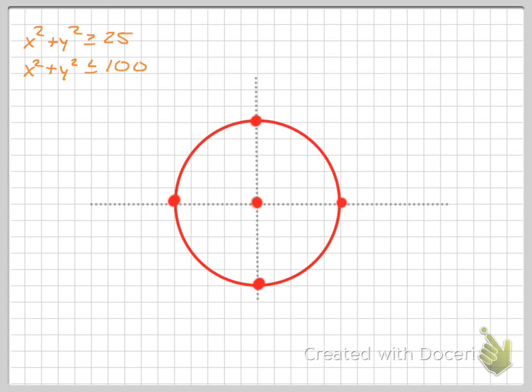If we test 0, 0, we get 0 is greater than or equal to 25. Is 0 greater than or equal to 25? No. So the center is not shadable. It's false. So for this red circle, we're actually shading away from the center.